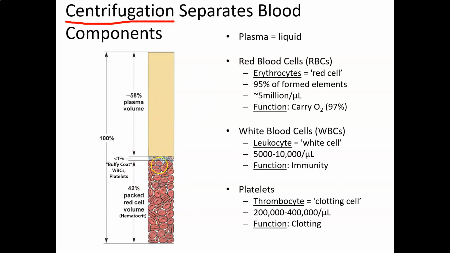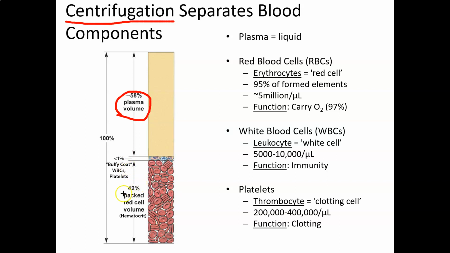Let's start at the top. The top part tends to be a yellowish or sometimes clear liquid. That's our plasma. And so that's everything we talked about in plasma. So it's got the water, 90-something% water. It's got the dissolved particles we talked about, the ions, the energy, the gases, and all the other things.